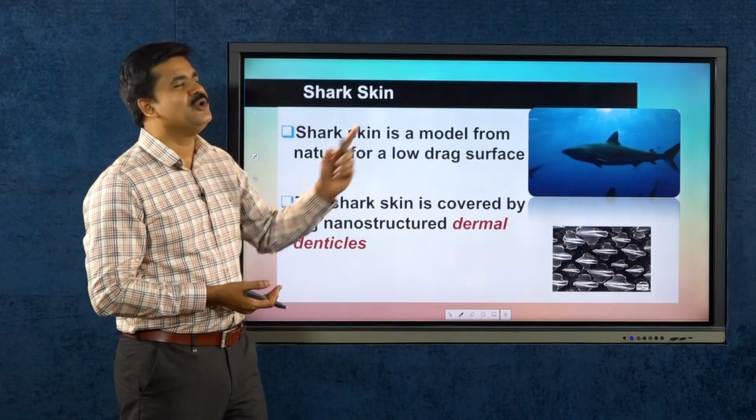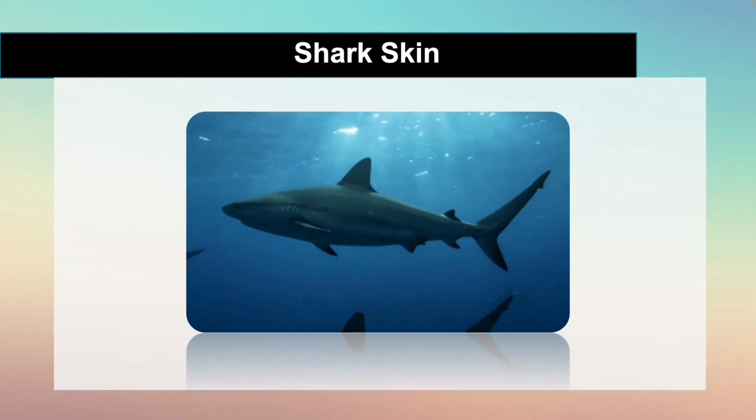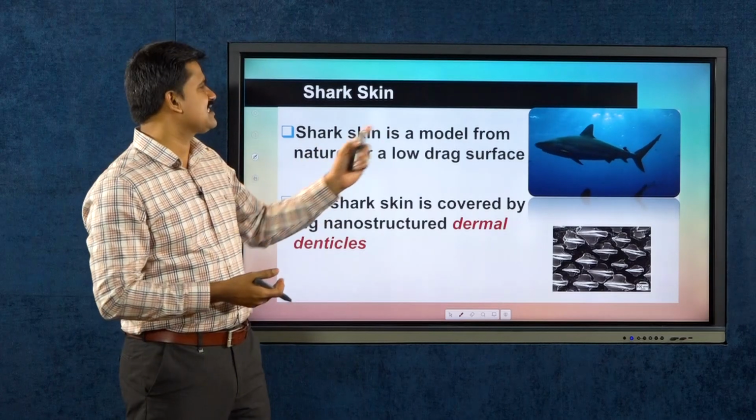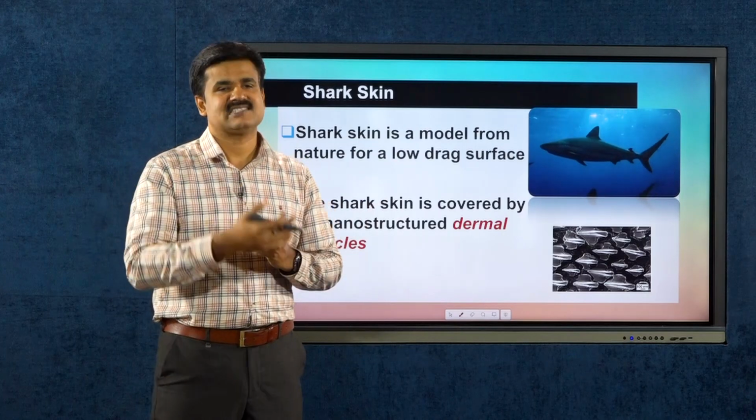Now, you know about a shark. It can easily move through water without creating any disturbance or friction. Shark skin is a model from nature for a low drag surface.